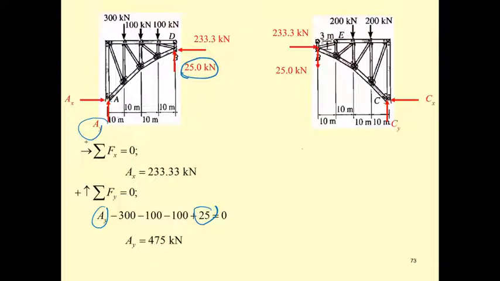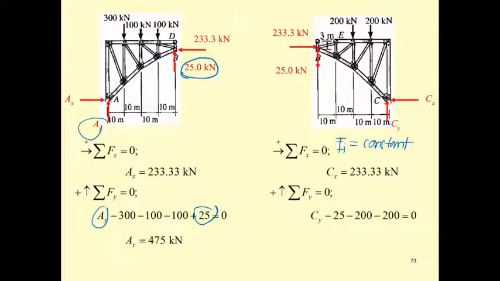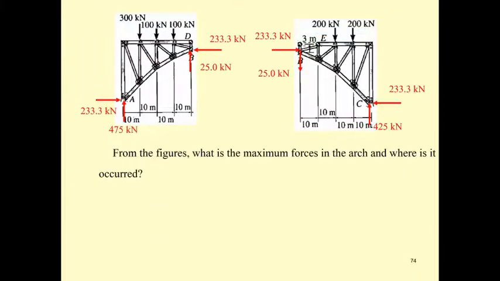And for this, you do the summation of F sub x equal to 0. Again, you may see F sub x is a constant. They are equal in every point. For F sub y equal to 0, the C sub y is upward and this guy downward, 425 downward.